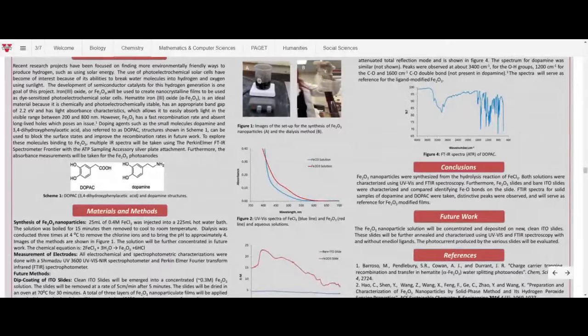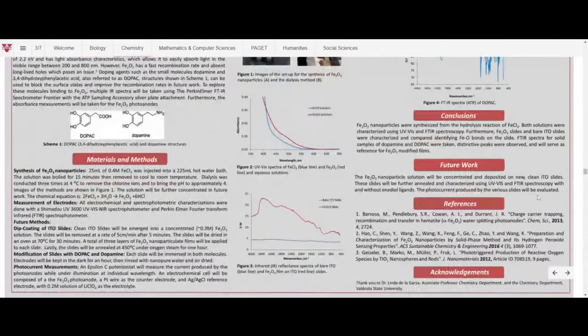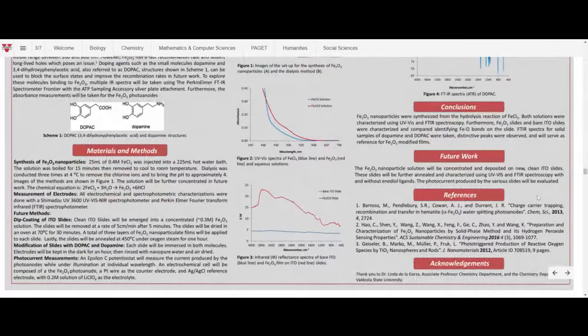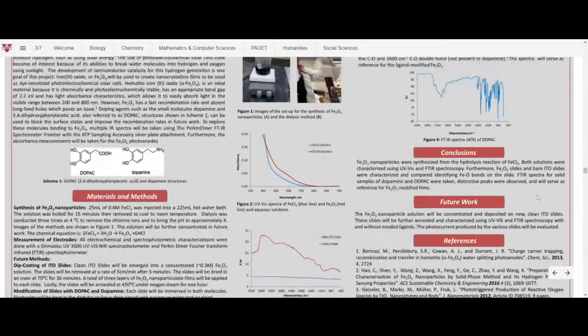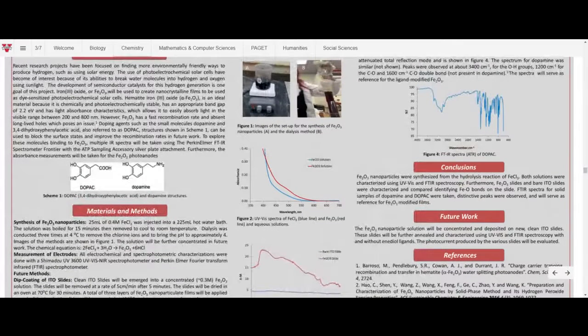I've obtained the spectra for the dopamine and DOPAC molecules in order to eventually compare to other results. And also, I've used previous iron oxide slides to get a feel for the project and to learn more about them and to see if my results will produce the same results.